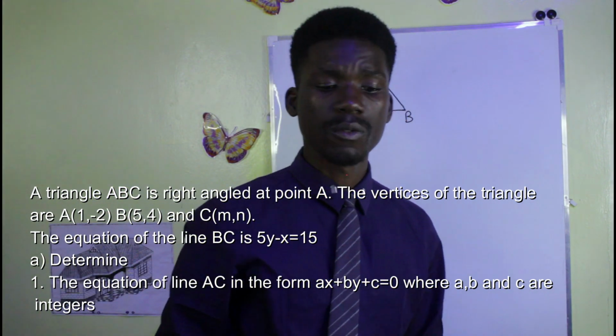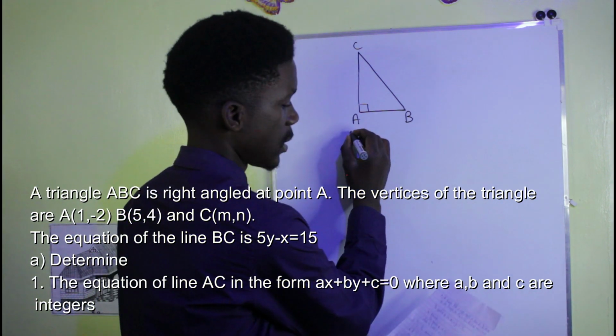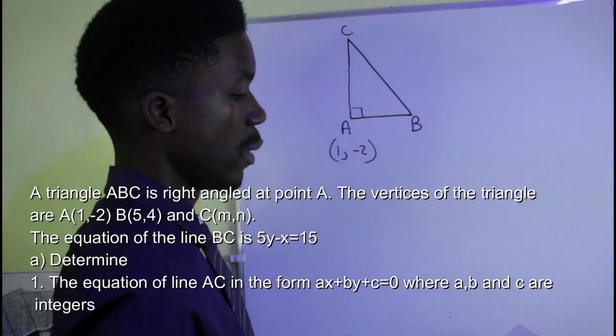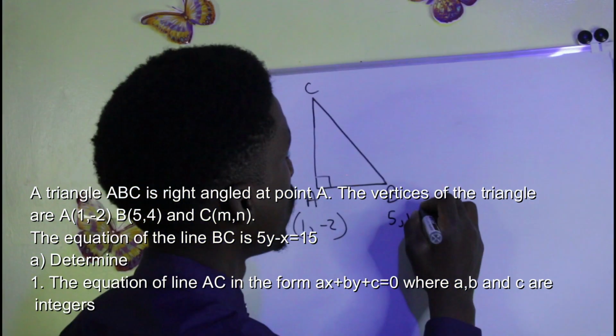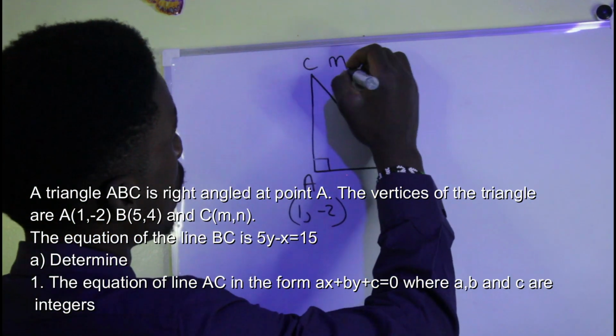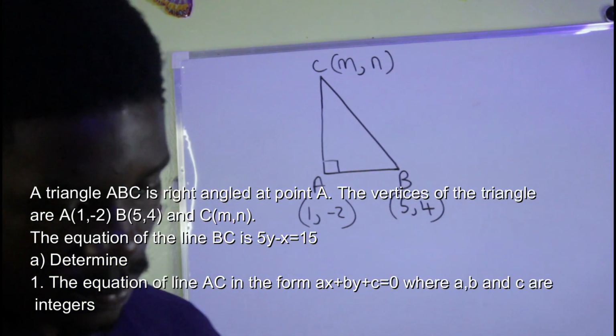The vertices of the triangle are: A, at point (1, -2); B, which is at (5, 4); and C, which is unknown, has been given as (m, n).